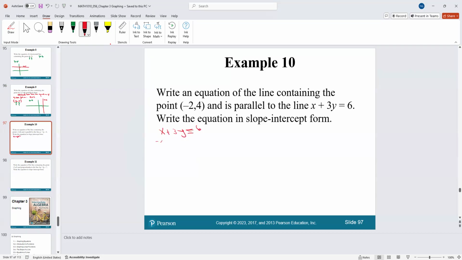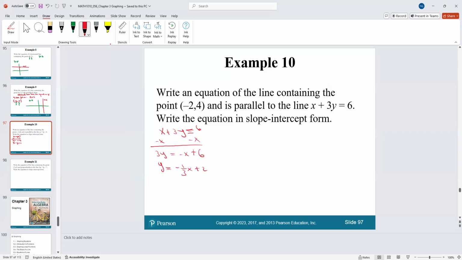If I subtract x from both sides, I have 3y equals negative x plus 6. Now, divide both sides by 3. I'll have y equals negative 1/3 of x plus 2, since 6 divided by 3 is 2.